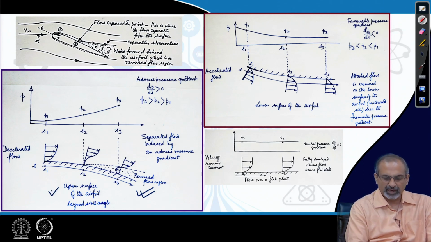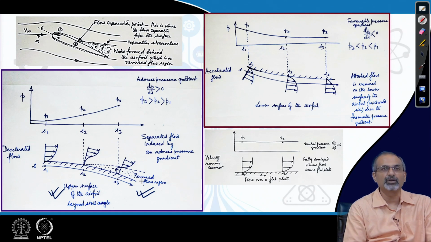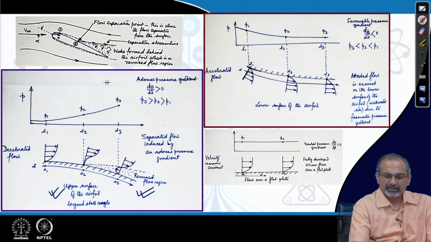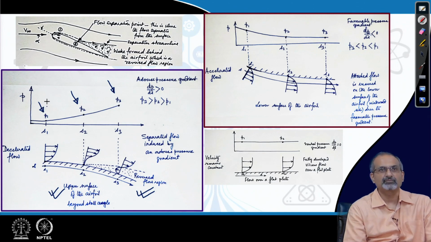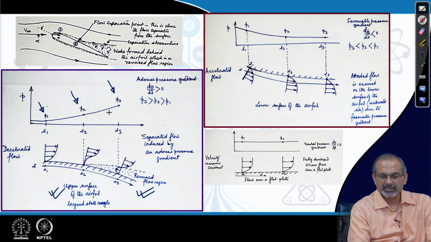This is typically what happens on the upper surface of the airfoil beyond stall angle, and it is found that the pressure also gradually increases as you move downstream following the surface. We have marked 3 different points which are located on the surface, and at the 3 different points the pressure is growing gradually.